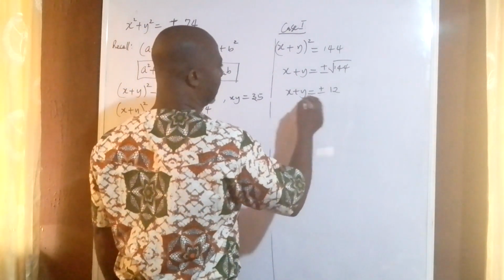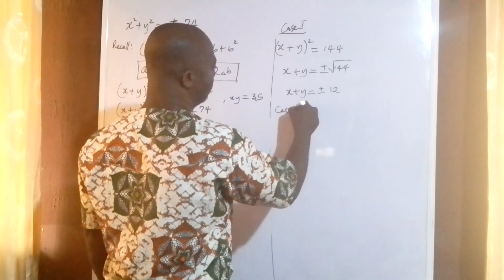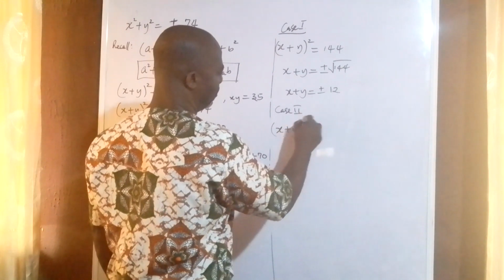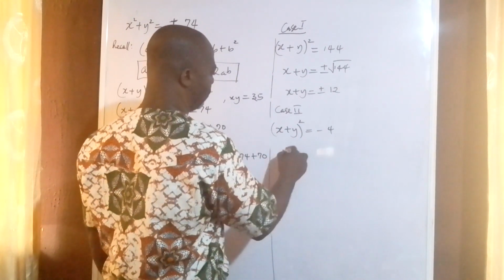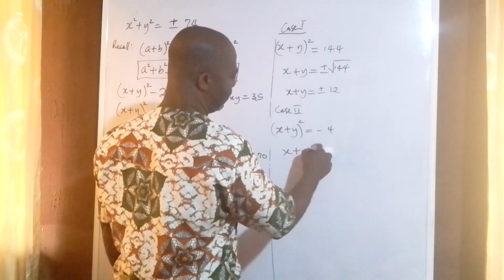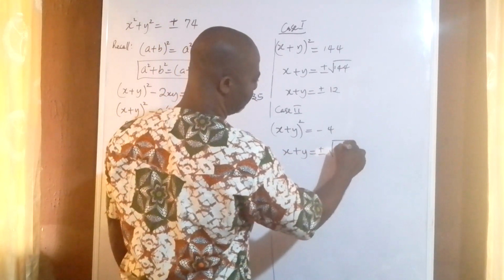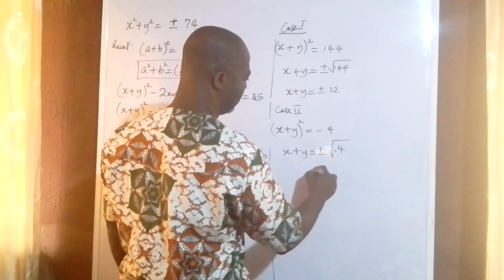Then for case 2, x plus y all squared equal to minus 4. So x plus y equals plus or minus the square root of minus 4.